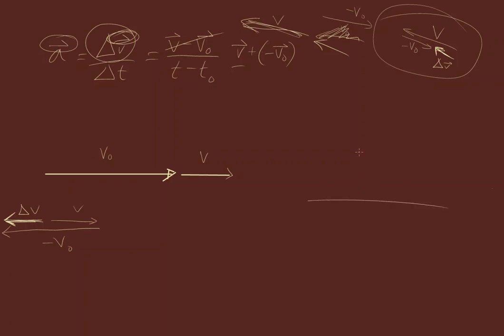So what that tells us is, remember, acceleration shares the same direction as delta V. So if delta V is in the same direction as our velocity at the current time, so we'll say V naught, it should be speeding up.